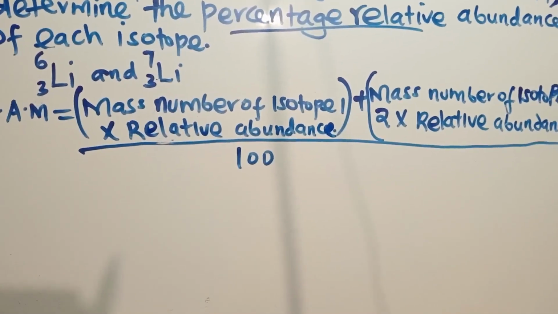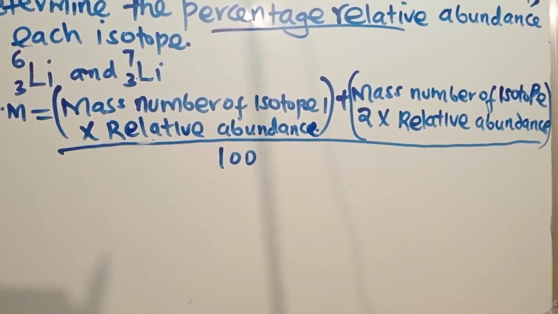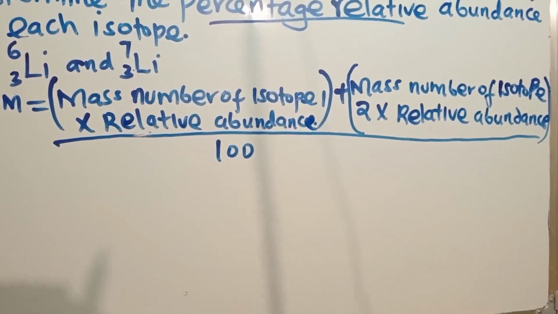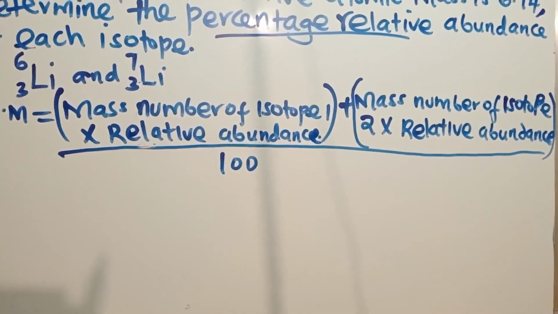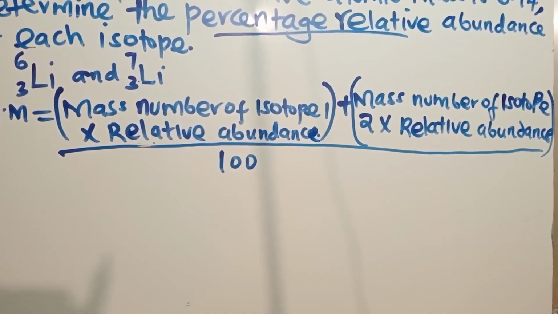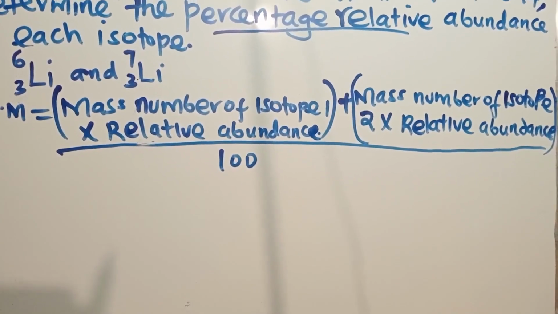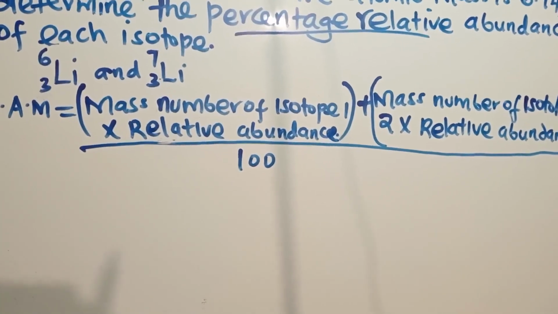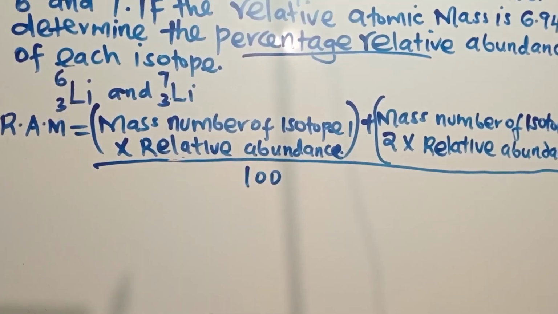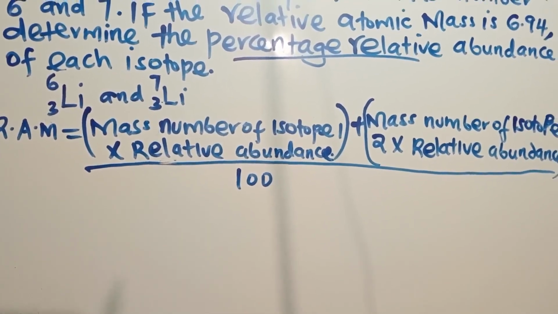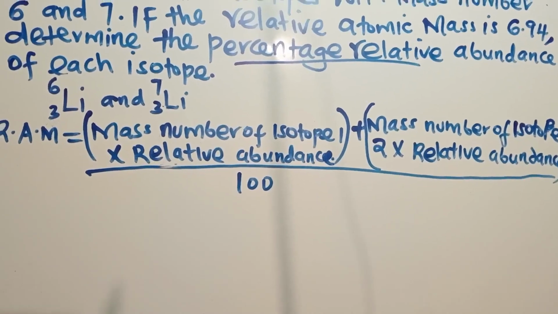So mass number of isotope 1 multiplied by its relative abundance, then you add that one to the mass number of isotope 2 multiplied by its relative abundance, and all of them together divided by 100. If we check on this formula, there are those things that have been provided in the question.